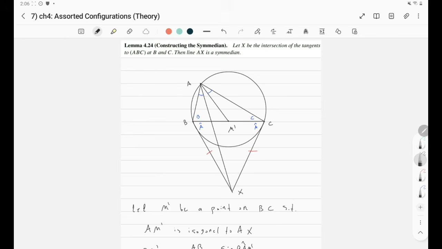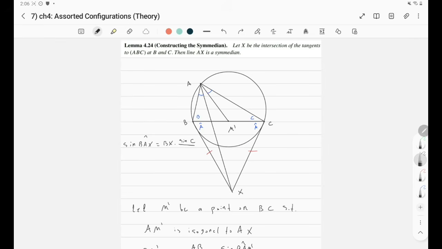So first of all, I can say that sine BAX is just going to be what? Yeah, it's just going to be BX times sine C. As we said, this angle here is 180 minus C, so I can just replace it with C because the sine of the supplementary is the same, right?